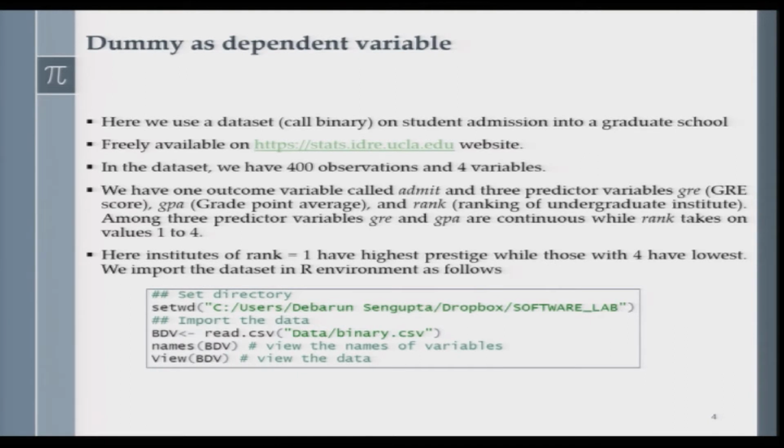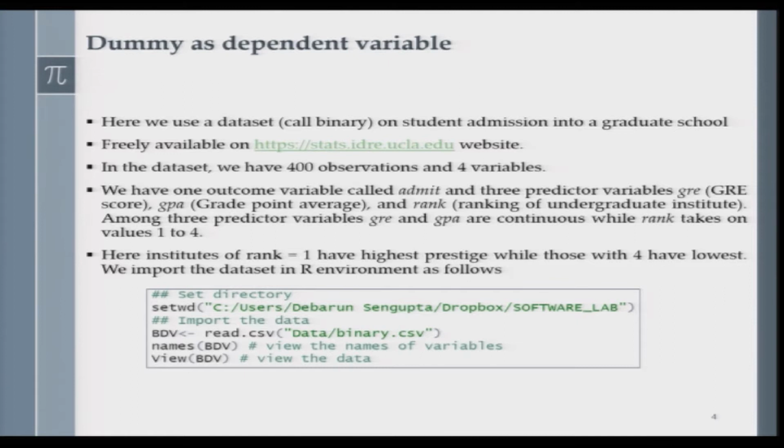From the data set we can say that there is one outcome variable which we can use for logit estimation, called admit, and there are 3 other predictor variables.